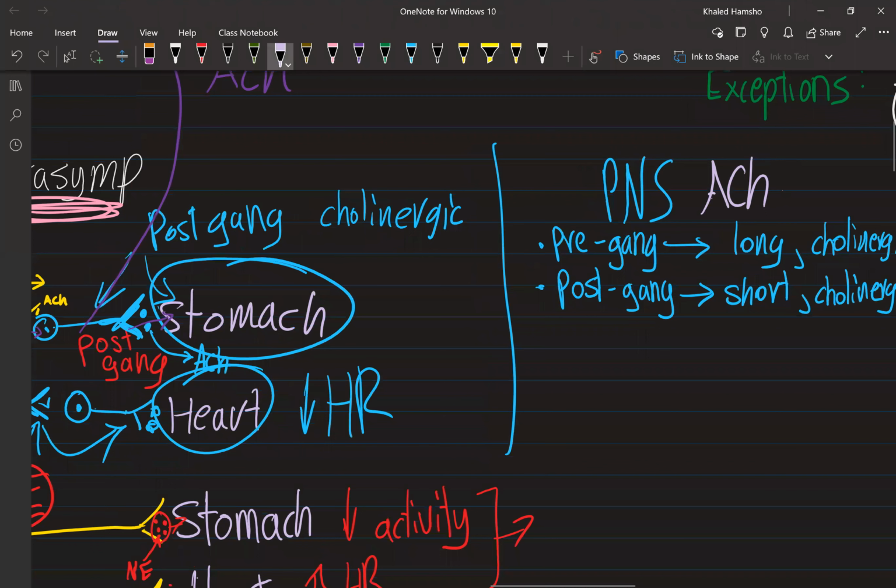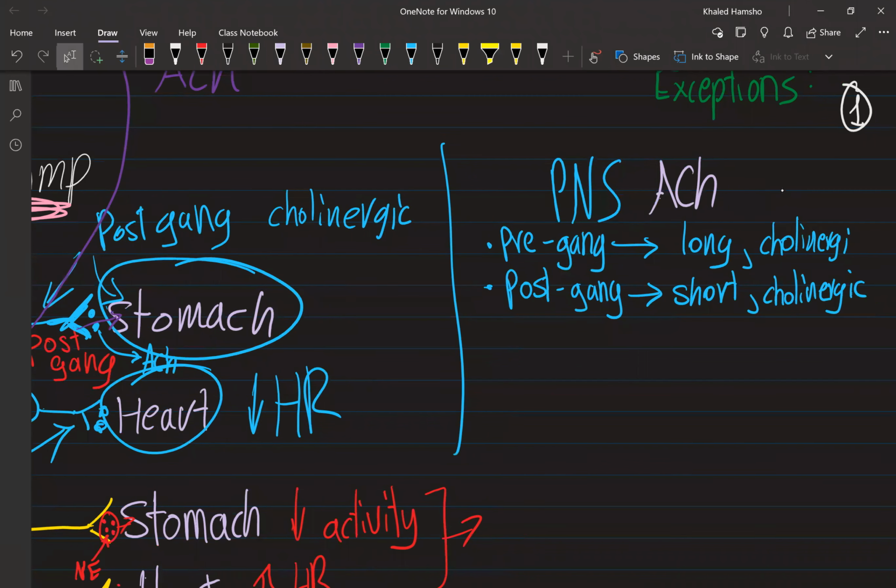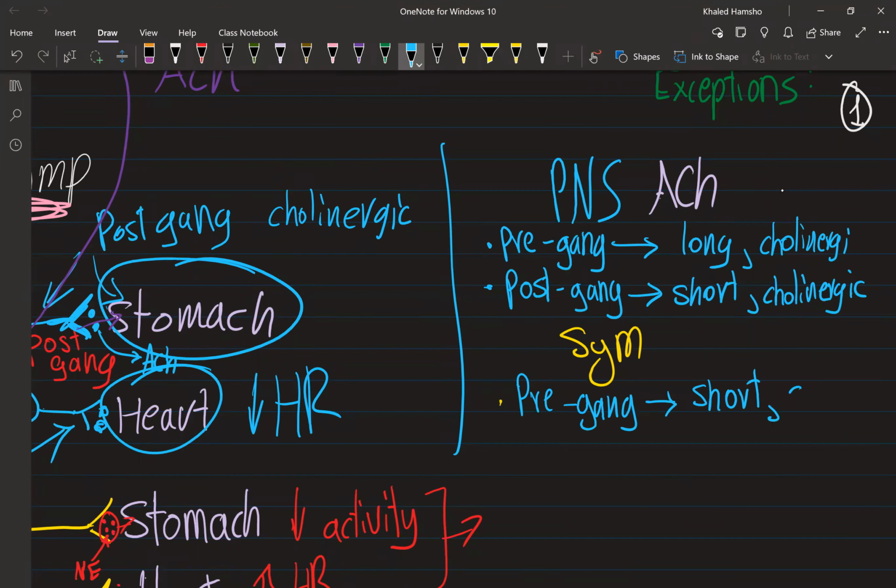Now, to compare it with the sympathetic nervous system, the preganglionic is short. It's the exact opposite, but it's cholinergic. It's still cholinergic.